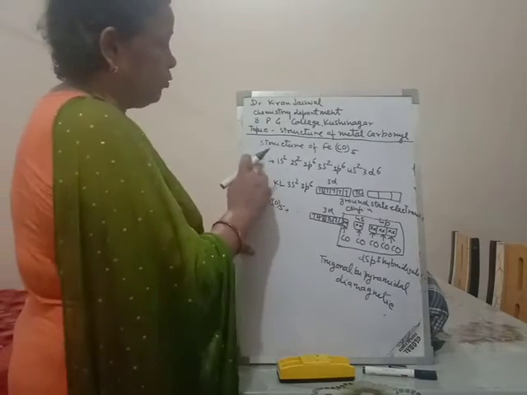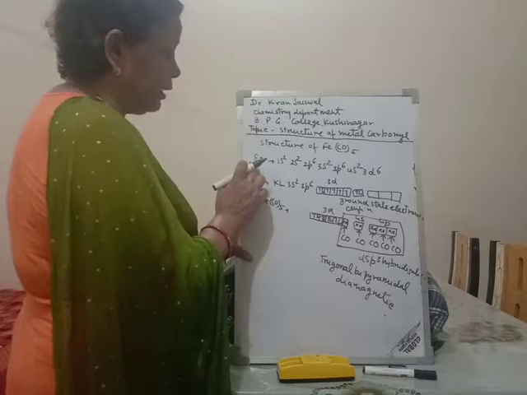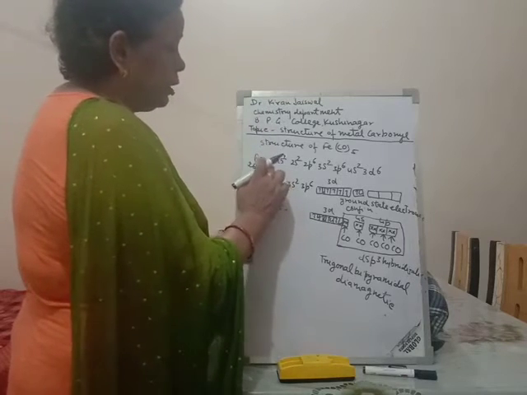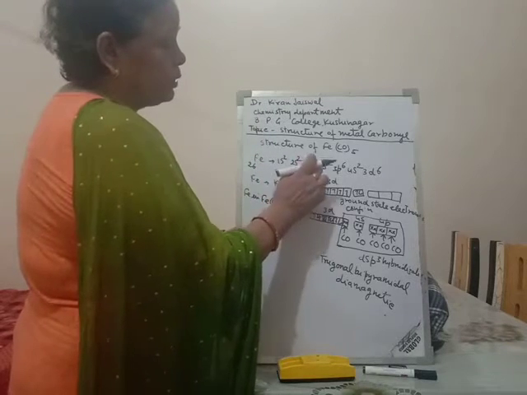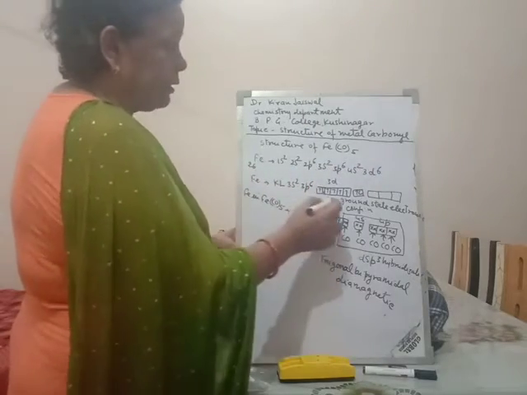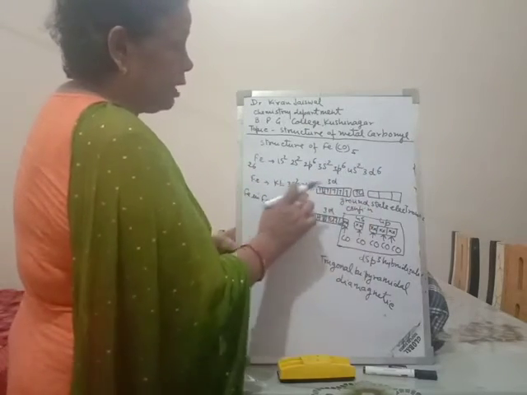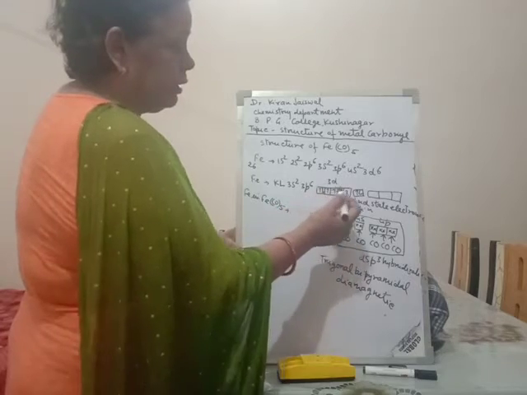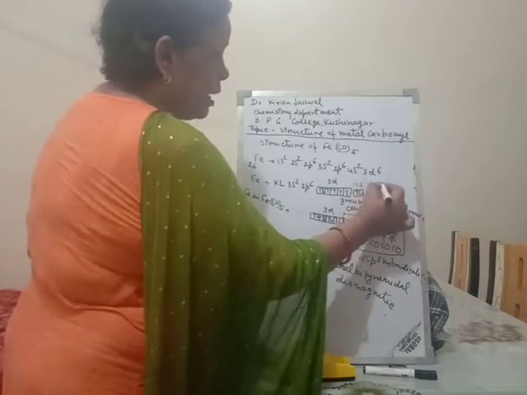The atomic number of iron is 26, and the electronic configuration is 1s2, 2s2, 2p6, 3s2, 3p6, 4s2, 3d6.